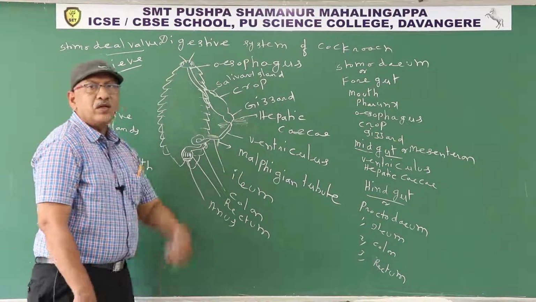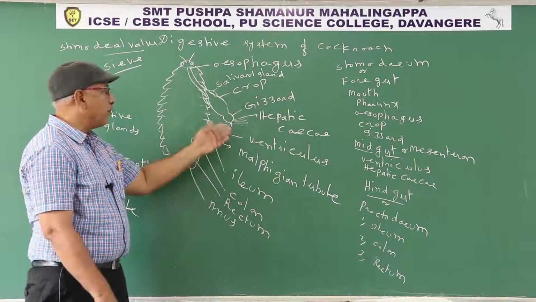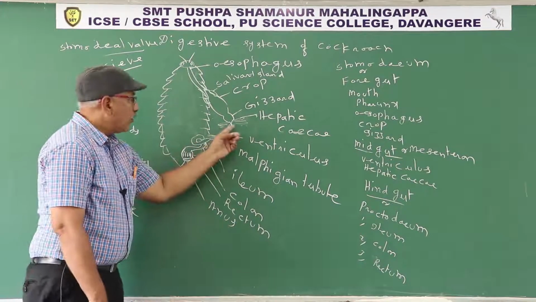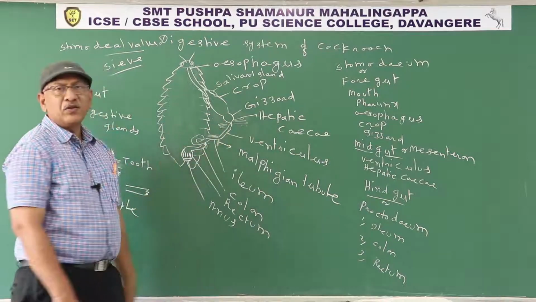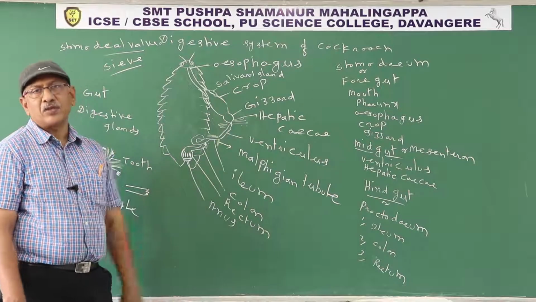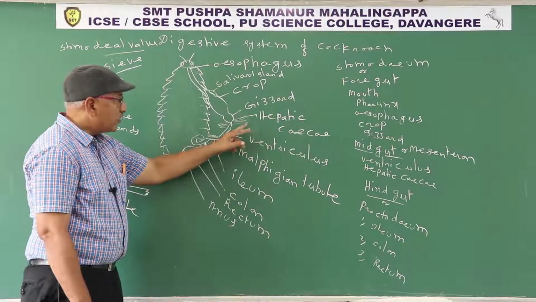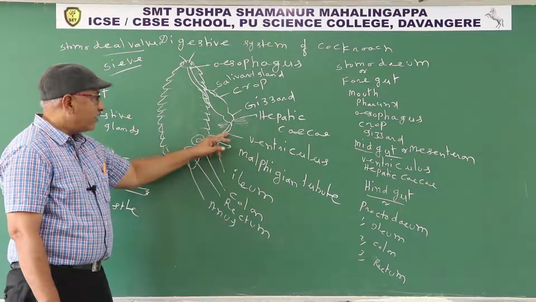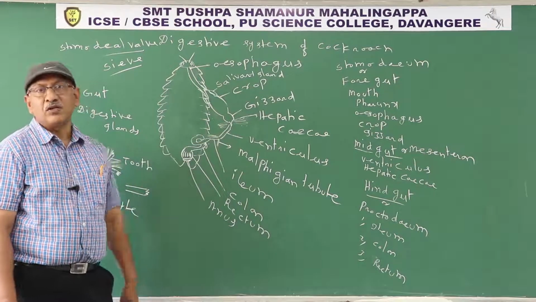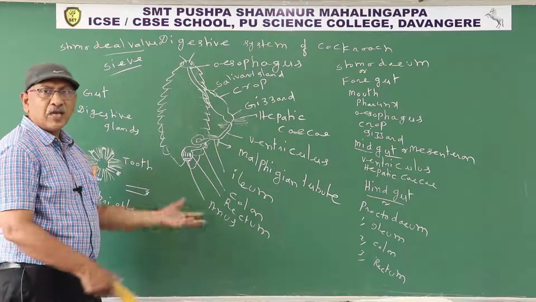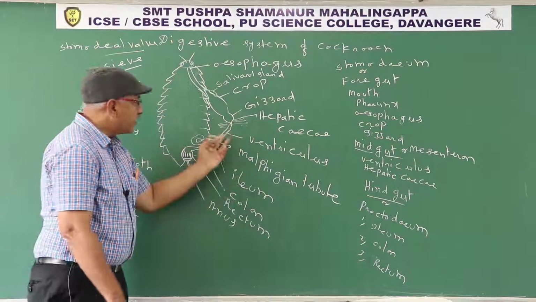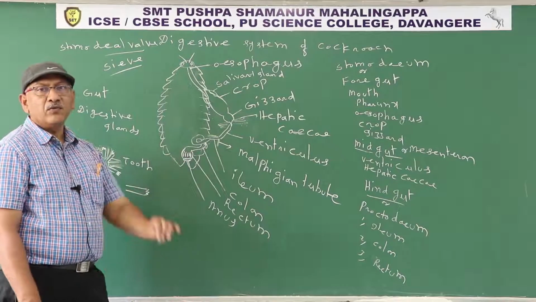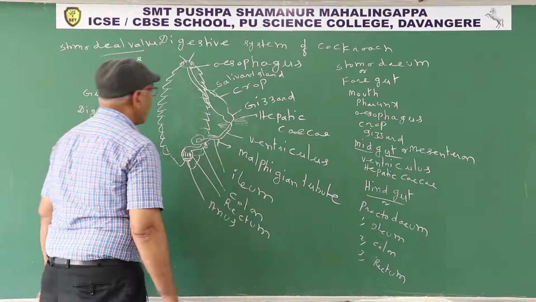So both hepatic caeca and ventriculus help in digestion and absorption. Hepatic caeca and the anterior half of the wall of the ventriculus release digestive enzymes and help in digestion. Hepatic caeca and the posterior part of the ventriculus absorb the digested food material.